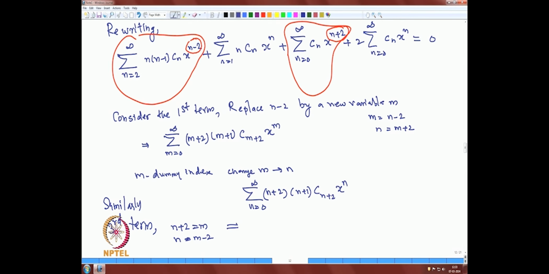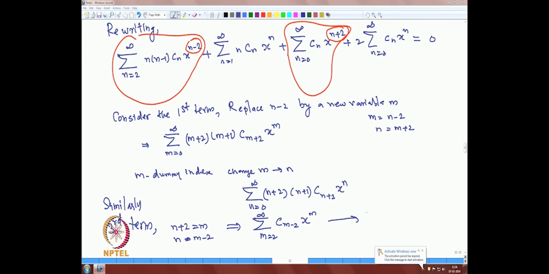So, this gives in terms of m, instead of n going from 0 to infinity, m is going from 2 to infinity, C m minus 2 and x to the power m, and again m is a dummy index.